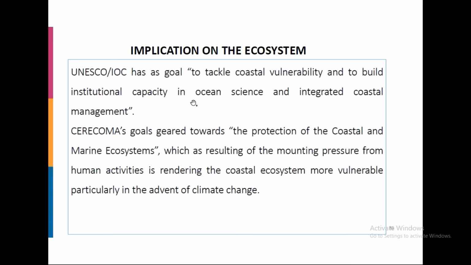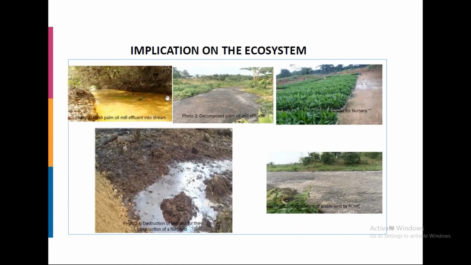Well, next, these are pictures of some practical examples that I have. The first photo is of fresh palm oil mill effluents from processing palm oil. This is from the studies I did at the Tico factory where they mill palm oil. Photo 2 is of decomposed palm oil mill effluents that have stayed long and degraded to this state.